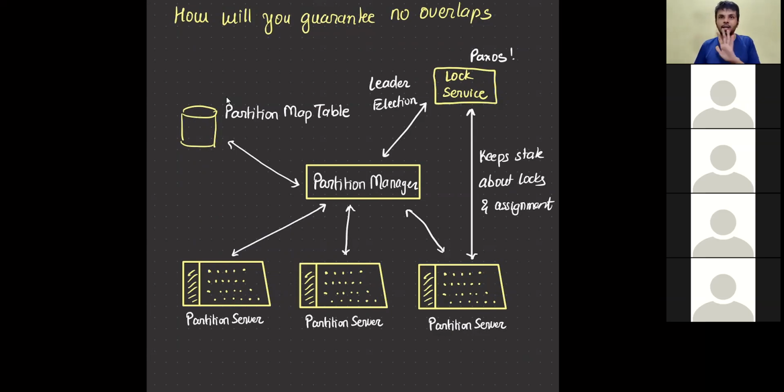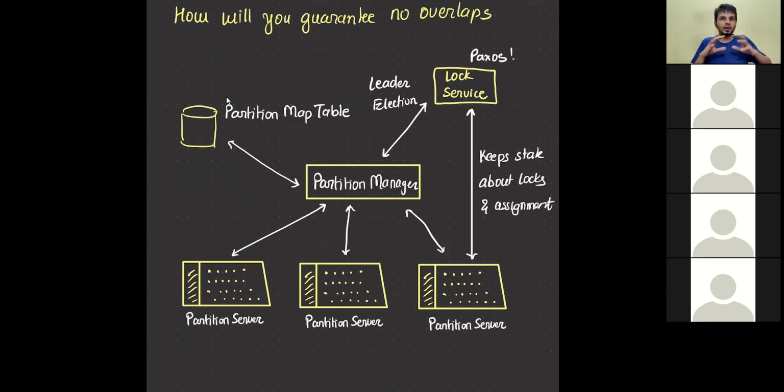Now comes the part: why would we need a lock service? It can just ask the partition manager to do it, but basically the partition manager will talk to the lock service to ensure that one range partition is not allocated to multiple partition servers, right? So let's say one partition is vacant, like partition L to R, no one owns it.